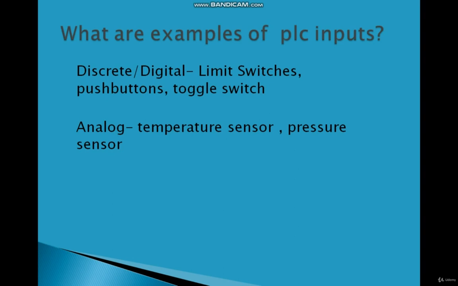There are limit switches, push buttons, toggle switches, and there's more, but those were a few examples. And for the analog inputs, temperature sensors, pressure sensors, and there's several more.